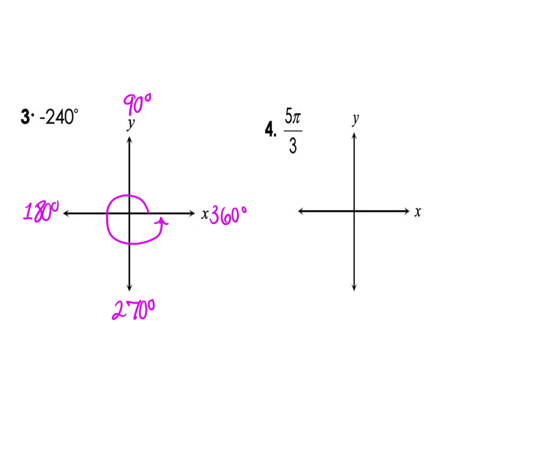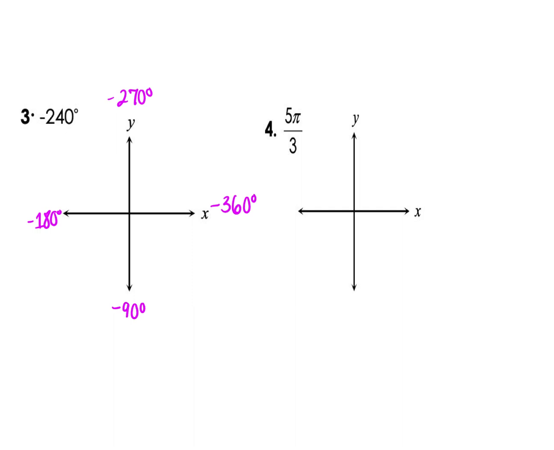I was trying to decide if I should include the radians here, but I'm going to wait till the next part. If we're going in reverse, we're going to do negative 90 degrees, negative 180 degrees, negative 270 degrees, and then negative 360 degrees. And that's if you go this way.